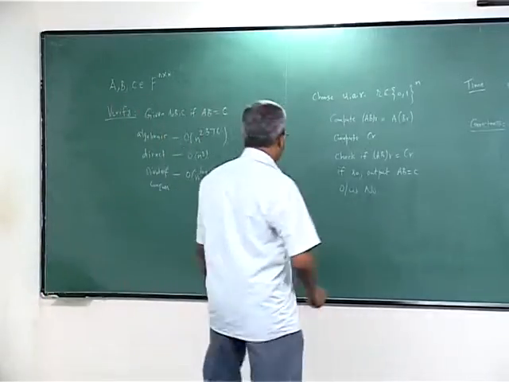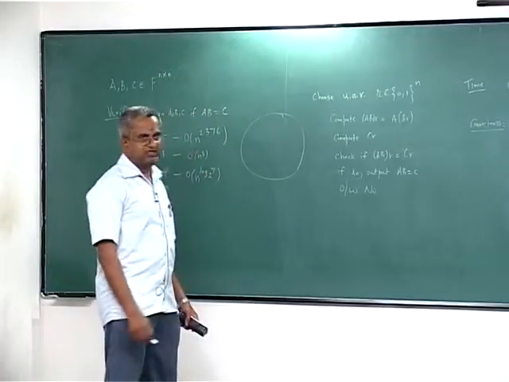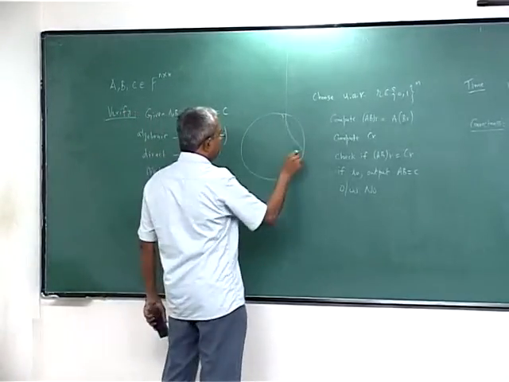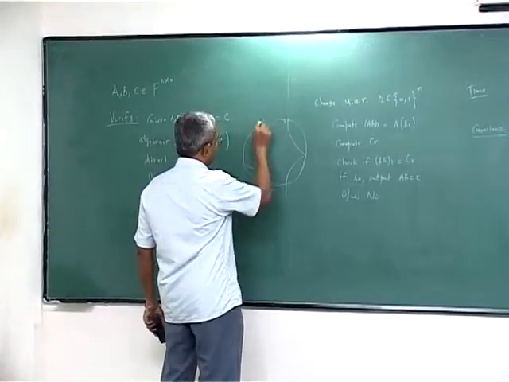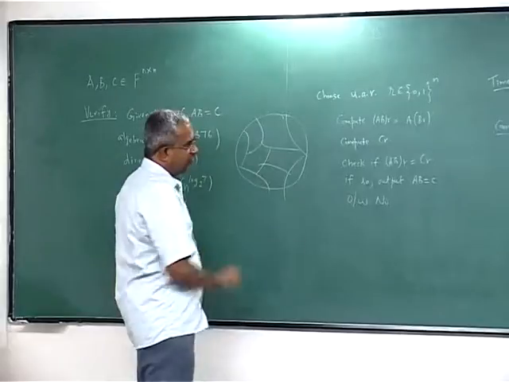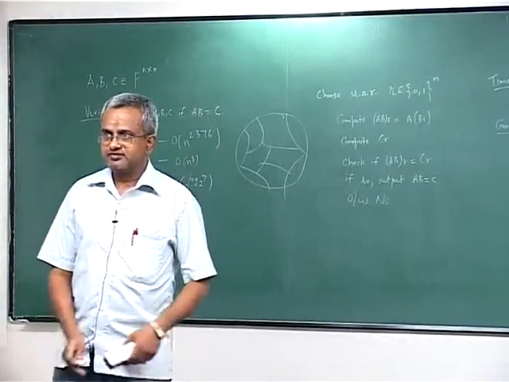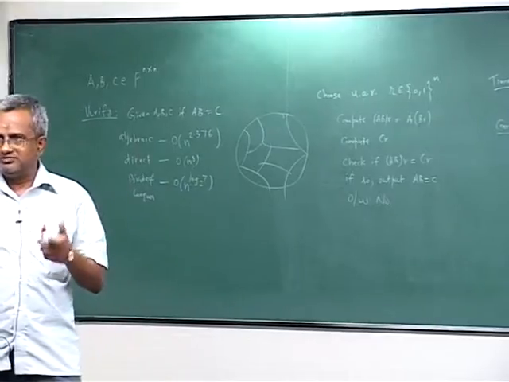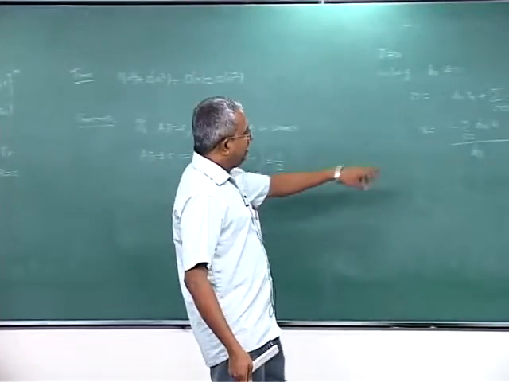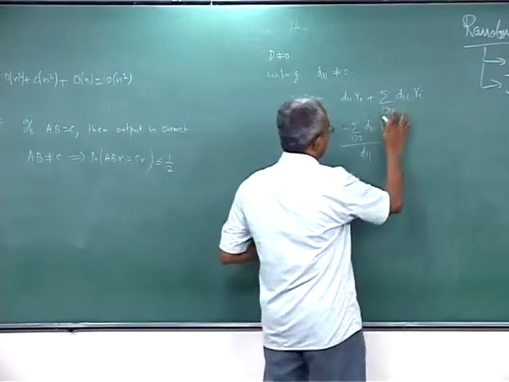So, you have the entire space of 2 power n possible vectors for R. I divide it into 2 power n minus 1 subspaces. So, in each of the 2 power n minus 1 subspaces, the values of D1i for i greater than 1 are fixed here.